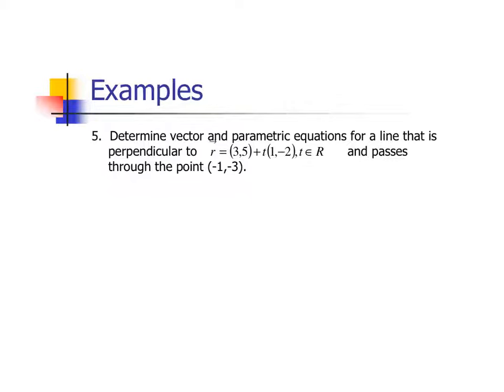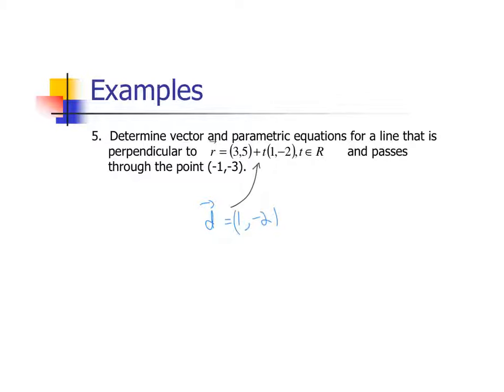So note that in our equation here, our direction vector is 1, negative 2. So if we want the direction vector of a perpendicular line, we want a vector that, when dotted with this vector, will give us 0.